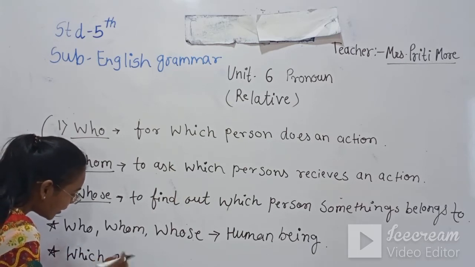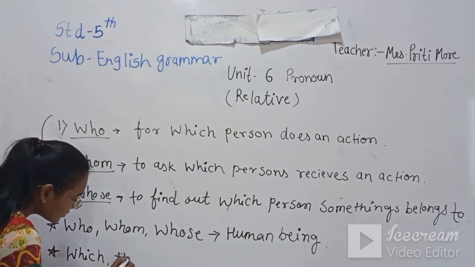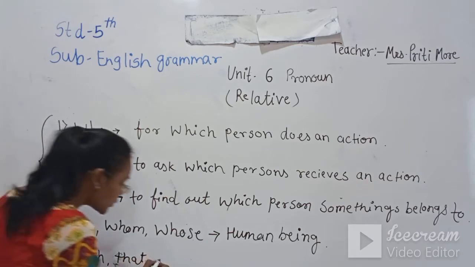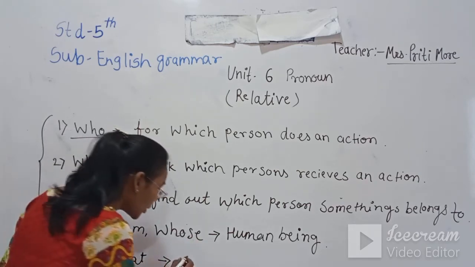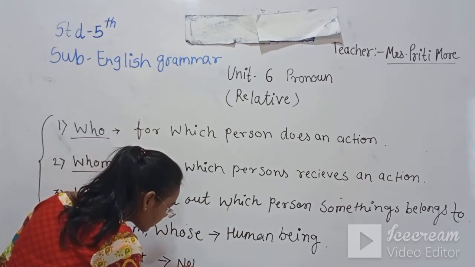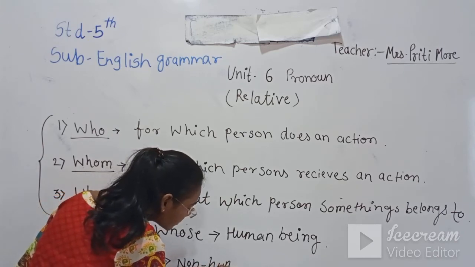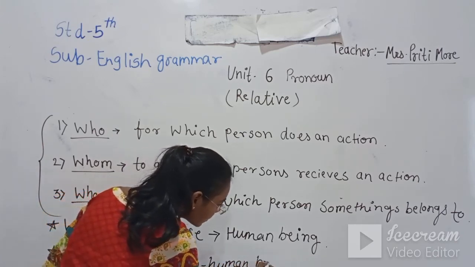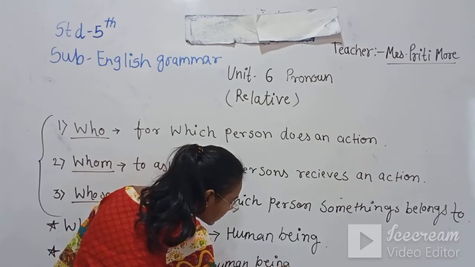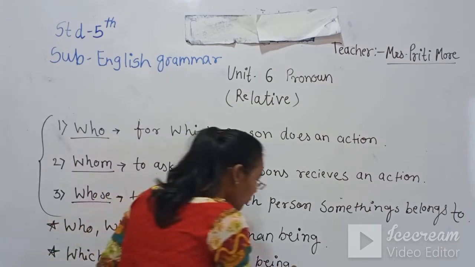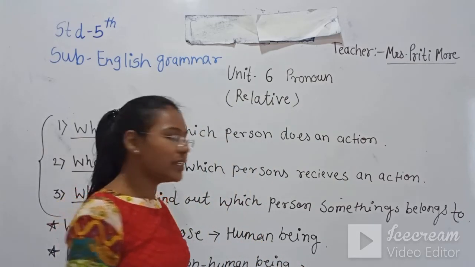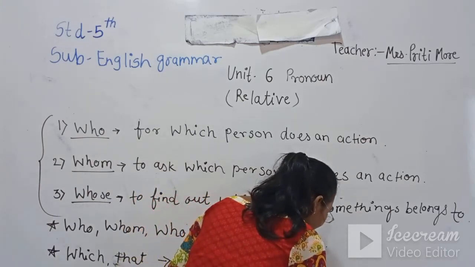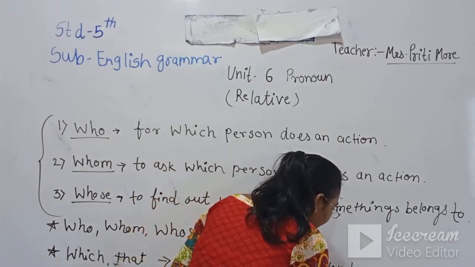Which and that we use for the non-human being. Non-human being means non-living things. In bracket I write here non-living things.